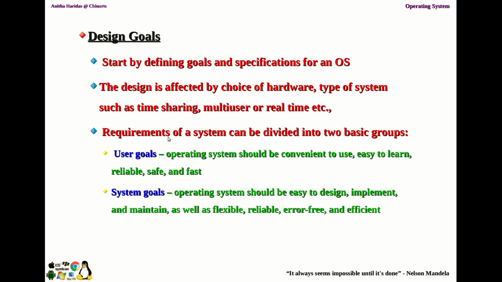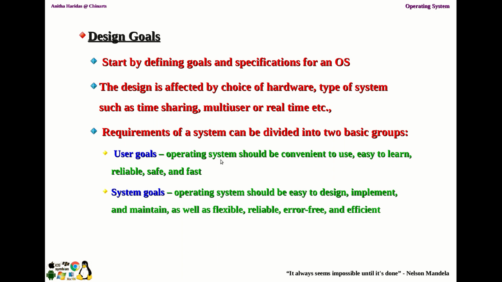Now, whenever you define this particular goal, the requirements of an operating system will be divided into user goals and system goals. From the point of view of the user, how you are going to use the operating system, and from the point of view of the computer system, you again have to set the goals. User goals: the operating system should be convenient to use, easy to learn, reliable, safe, and fast.